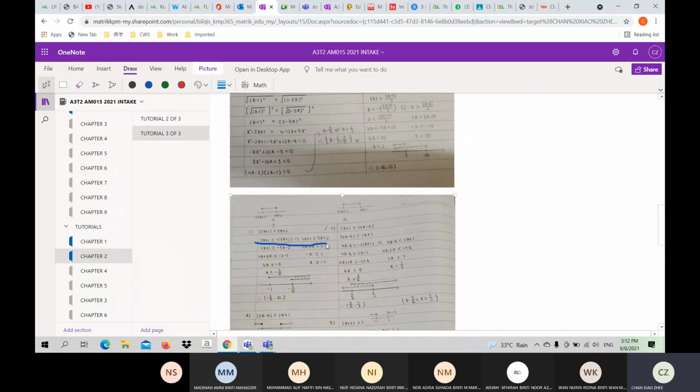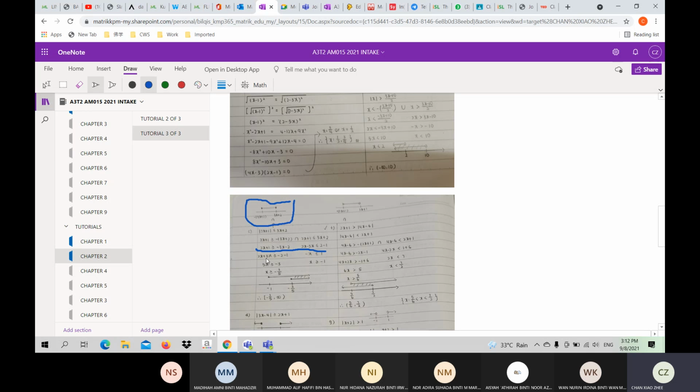Untuk dapatkan step yang ini, saya rujuk kepada number line yang saya lukis ini. Kerana dia nak intersect, so smaller than guna intersect lah. Then saya tulis step ini dengan menggunakan raja yang saya lukis ini.